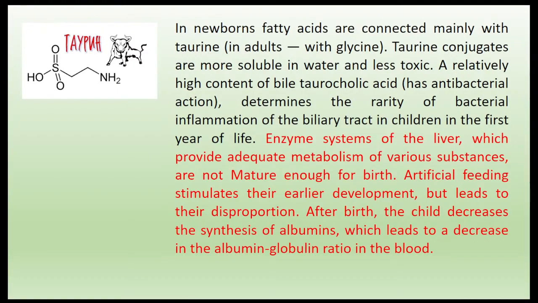The enzyme systems of the liver, which provide adequate metabolism of various substances, are not mature enough at birth. Artificial feeding stimulates their early development, but leads to their disproportion. After birth, the child's synthesis of albumin decreases, which leads to a decreased albumin globulin ratio in the blood.